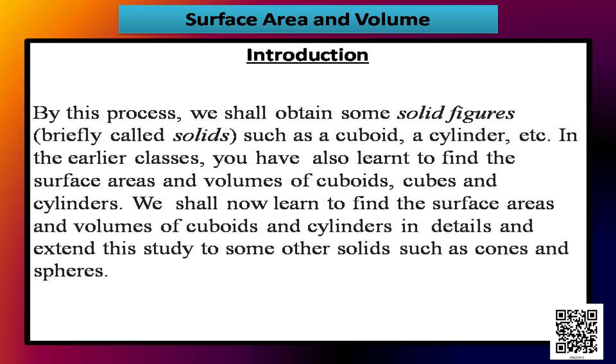We shall now learn to find the surface areas and volumes of cuboids and cylinders in detail and extend this study to some other solids such as cones and spheres.